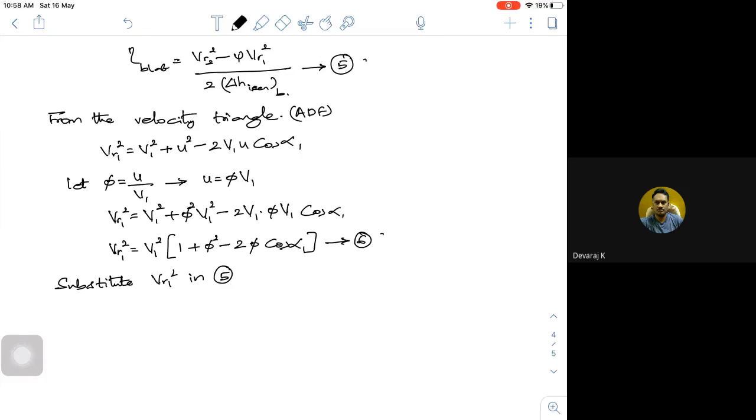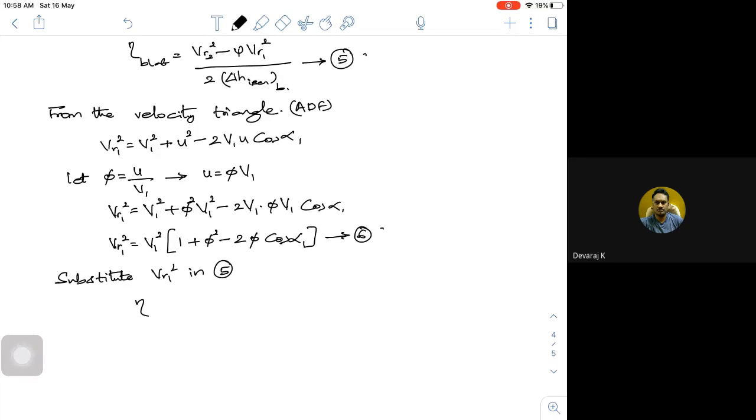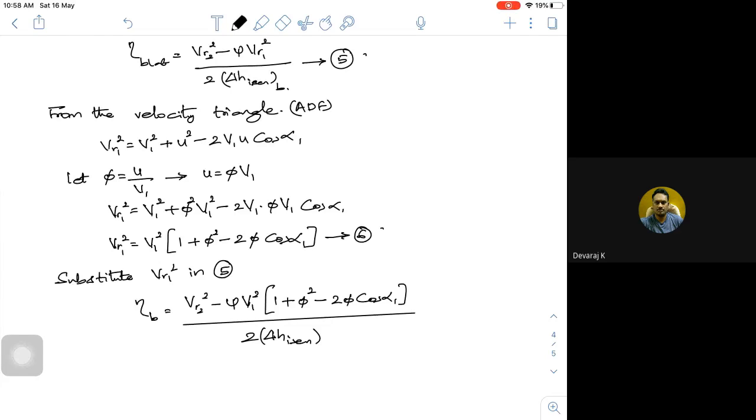So your blade efficiency or vane efficiency is equal to VR2 square minus psi into V1 square into 1 plus phi square minus 2 into phi into cos alpha 1, divided by 2 into delta H isentropic for the blade. Let me call that expression number 7.